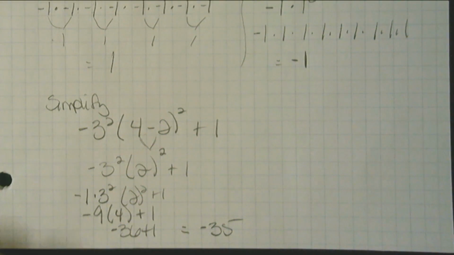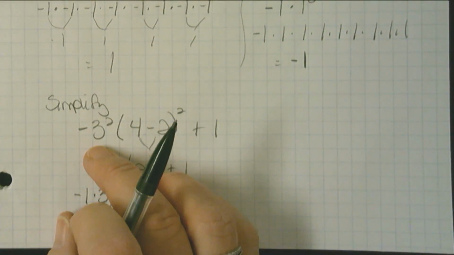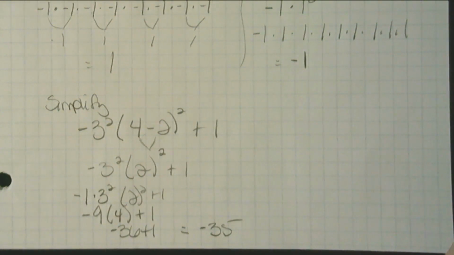Alright? So please remember, some of you I asked this question to as I was walking around. I said something like, was that negative 3 in parentheses? You've got to make sure that you know if a number is in parentheses or not.